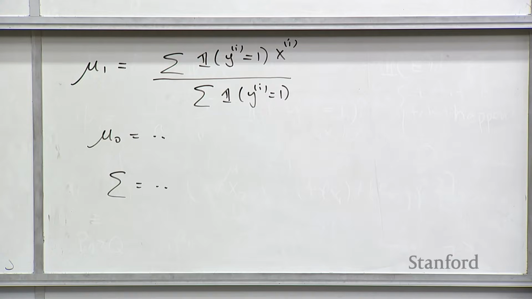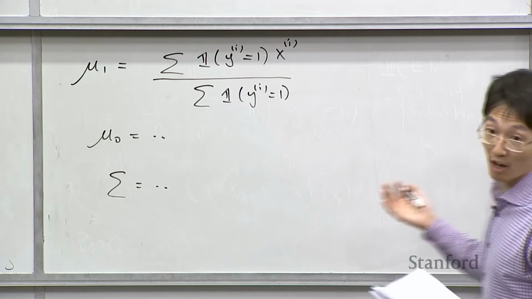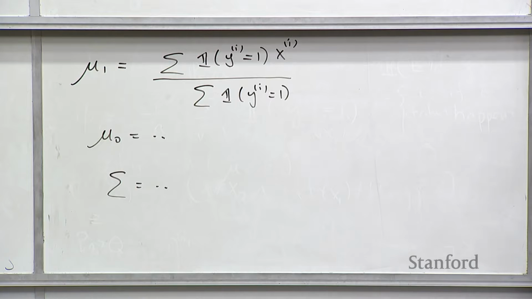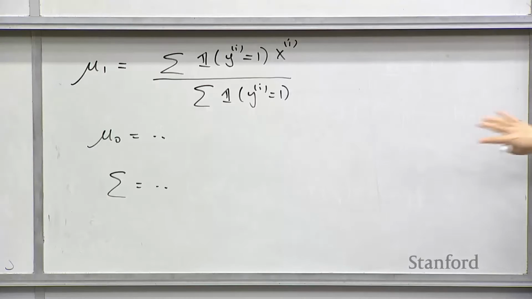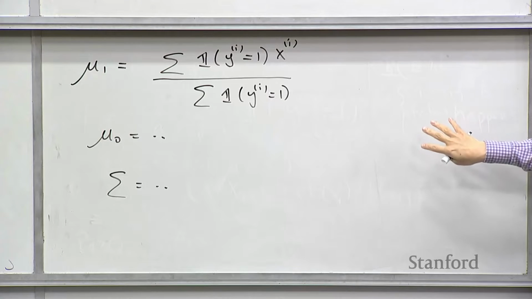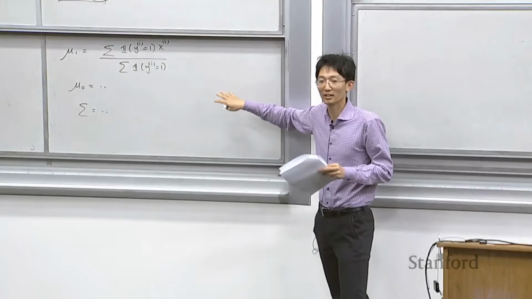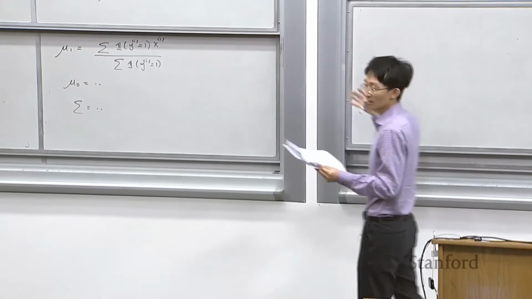And then we talked about, given these parameters, how do you do the test? How do you do the inference, or how do you do the prediction? When you have already learned these parameters, now you are given an example x, how do you predict y using the parameters and given the x?